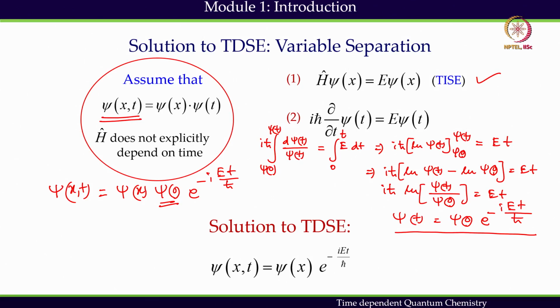in the end we always have to normalize the wave function. The wave function must satisfy this normalization condition all the time.